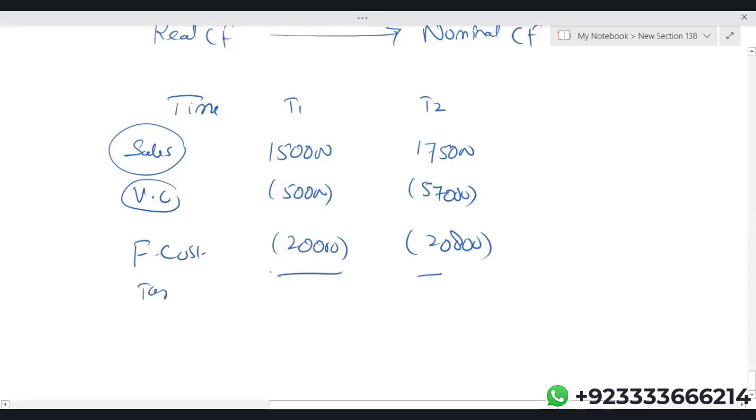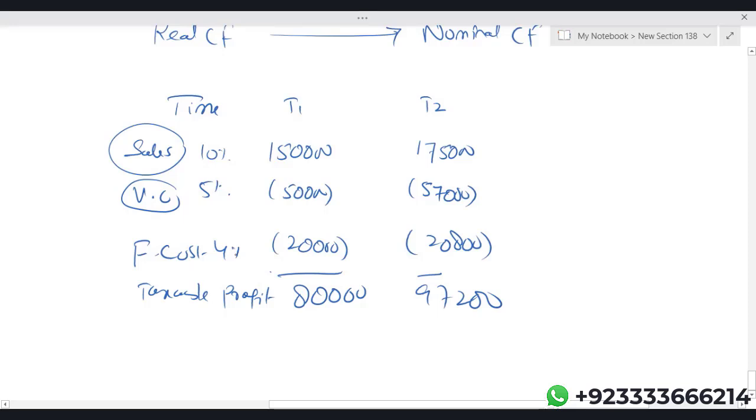Let's say I have calculated taxable profit: 1,75,000 minus 57,000 minus 20,800, that is 97,200. Let me repeat again: sales had an inflation rate of 10%, variable cost 5%, fixed cost 4%.